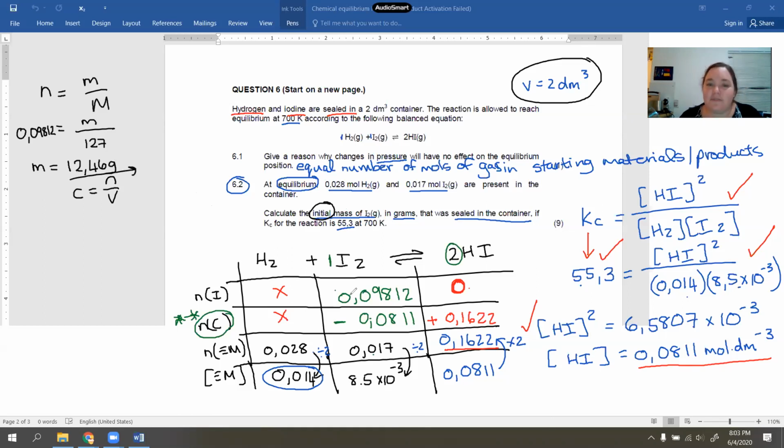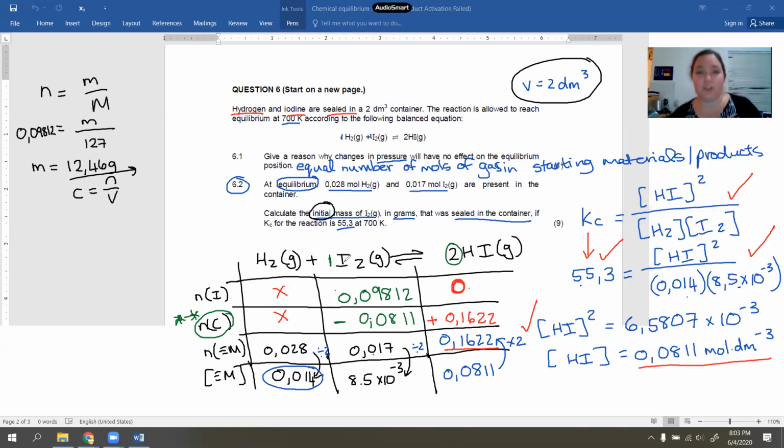Now, sometimes if this question, instead of being done with iodine, which was a gas, is done with a solid. So imagine this was a solid here instead. You could still do all of the same steps. Instead of just saying calculate the initial mass of whatever, they'd say calculate the minimum initial mass. Because you've got to remember that if this is a solid, it doesn't go into your KC calculation at all, which means that we could actually have had more of that present and it wouldn't affect our answer.